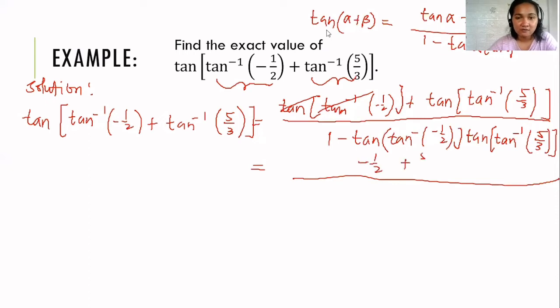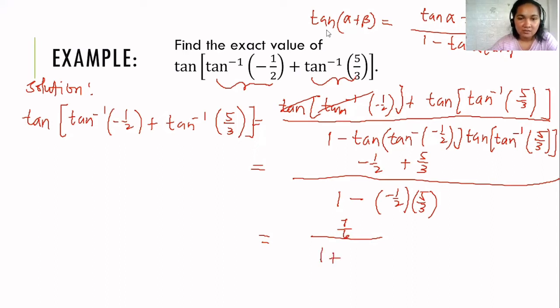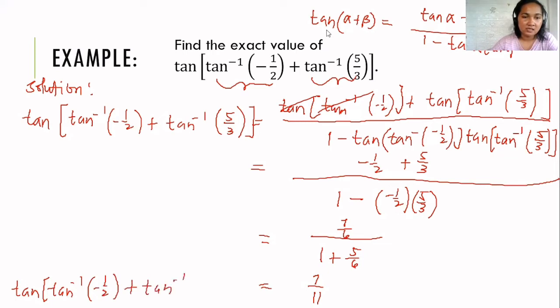We have negative 1/2 plus 5/3, divided by 1 minus the product of negative 1/2 and 5/3. The numerator is 7/6. Our denominator will be 1 plus negative 1 times 5, so 5/6. Simplifying with our calculator, we have 7/11. That means the tangent of inverse tangent of negative 1/2 plus inverse tangent of 5/3 is simply equal to 7/11.